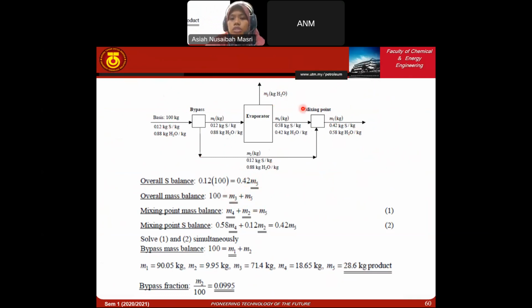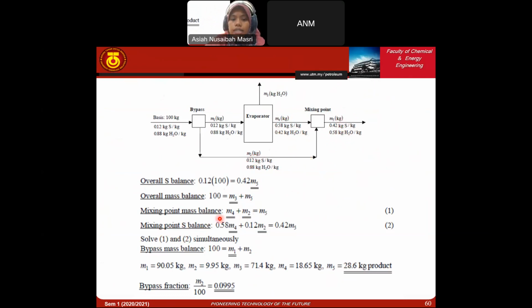Now we go to the mixing point, because we have already solved M5. At the mixing point, mass balance: M4 plus M2 is equal to M5, which we know. Then the mixing point solid balance: 0.58 times M4 plus 0.12 times M2 is equal to 0.42 times M5.